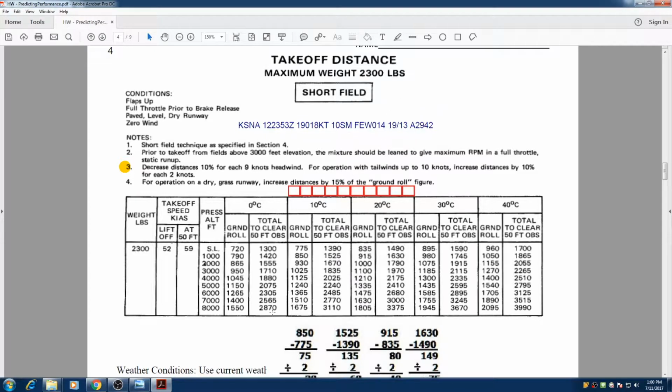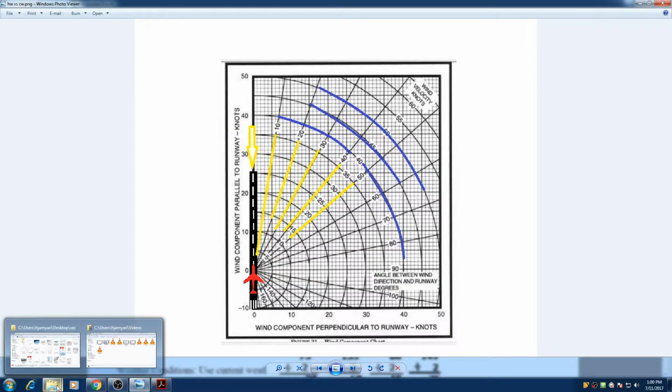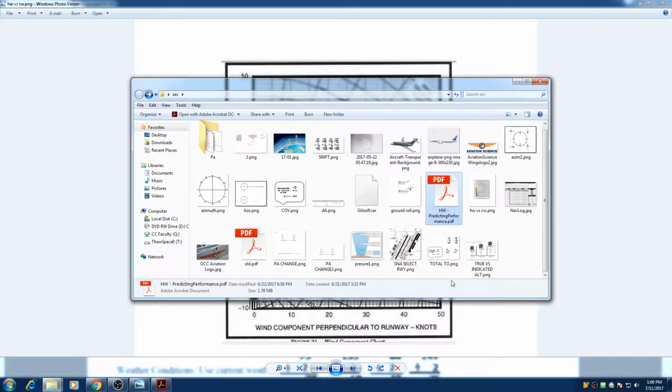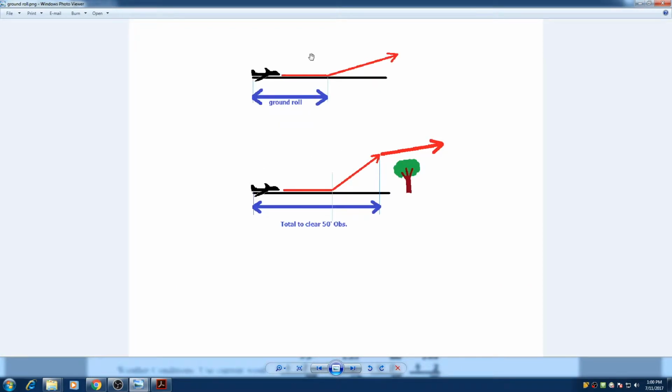I'm going to go over one more thing before we continue. We just need to know the difference between the ground roll and the total to clear. If you look at this diagram right here, ground roll is the distance that we need to power up, rotate and become airborne.